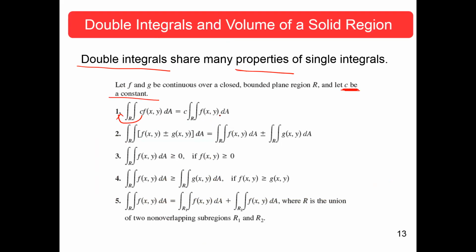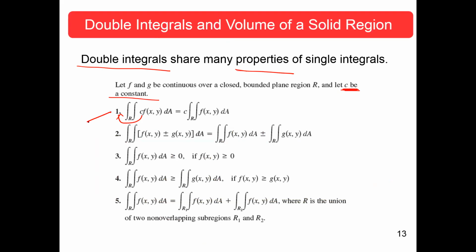That's easy, right? Scalar multiplication. The second property says the double integral of f plus or minus g would be the double integral of f plus or minus the double integral of g, which we can say as the double integral of the sum or difference is the same as the sum or difference of the double integrals, right?